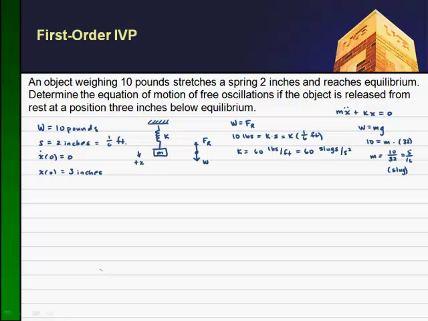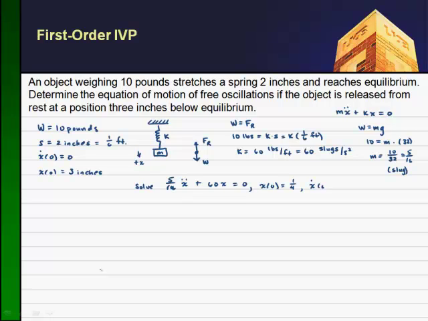So I really want to solve the DE. Without the application, a problem could just say solve 5/16 x double dot plus kx, which is plus 60x, equal to 0, subject to x of 0 equals 3 inches, which is 3 over 12 feet, or a quarter of a foot.